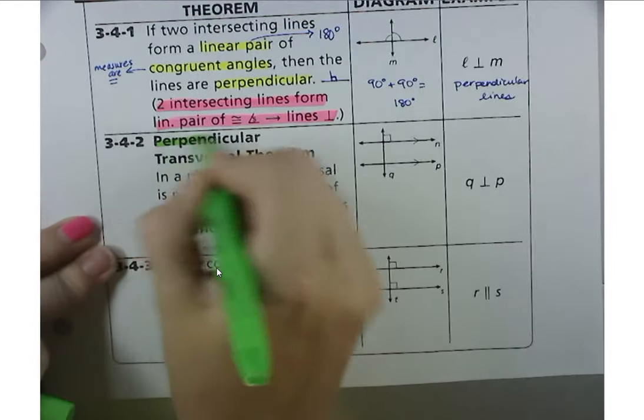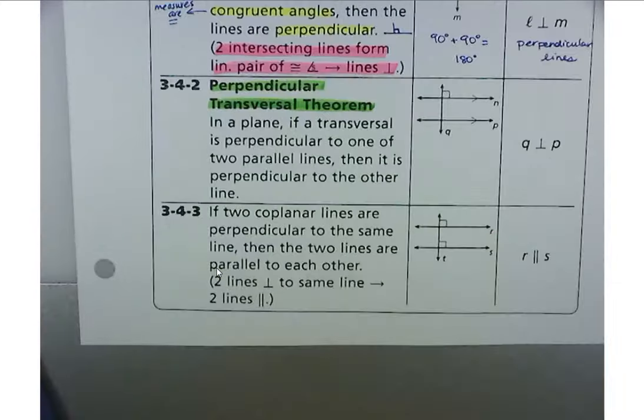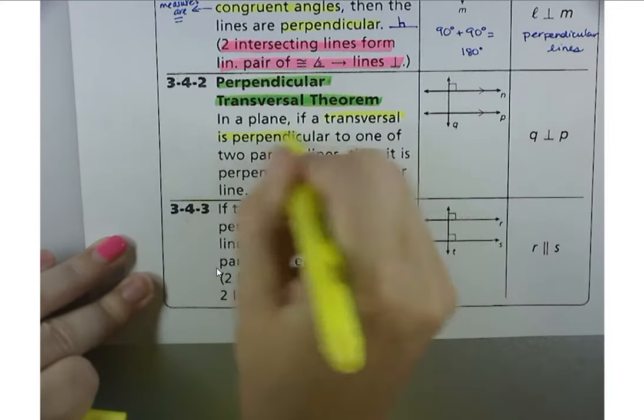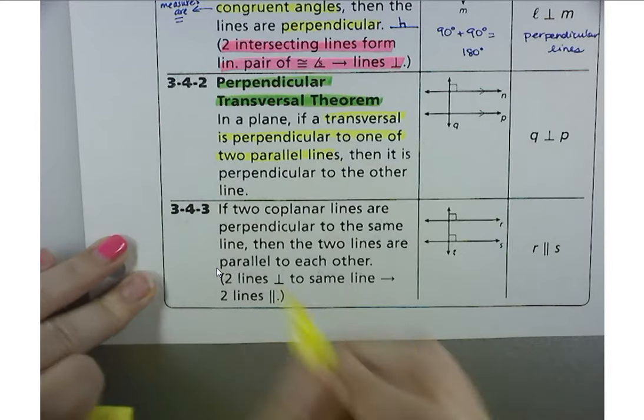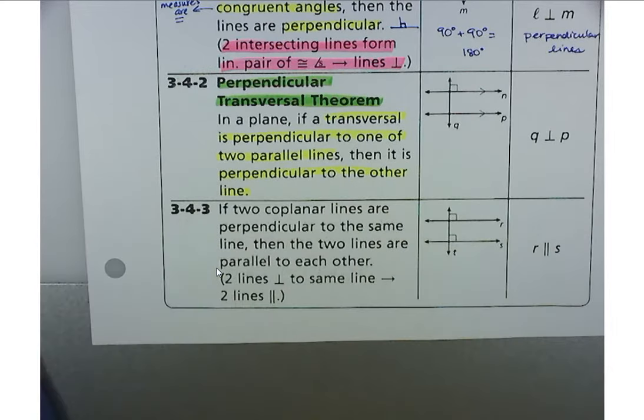So the perpendicular transversal theorem is what we're talking about next. In a plane, if a transversal is perpendicular to one of two parallel lines, then it is perpendicular to the other line.